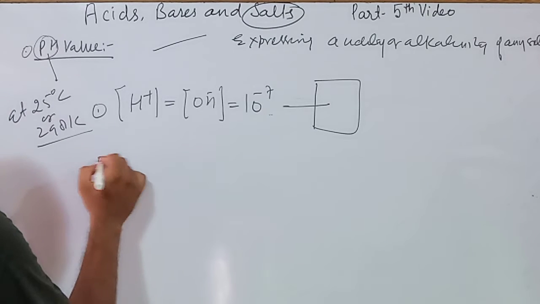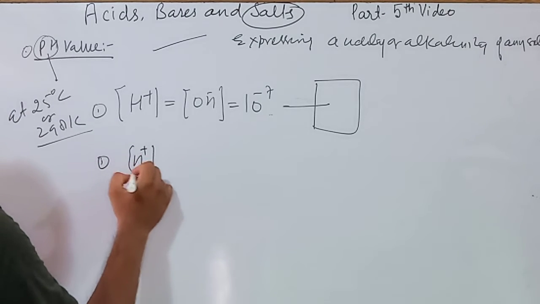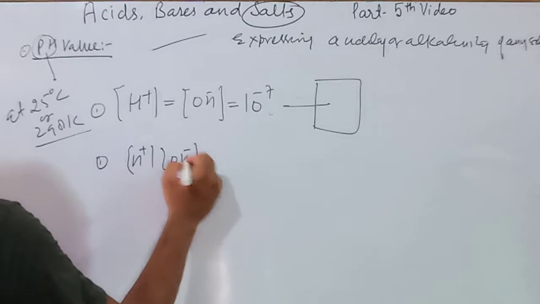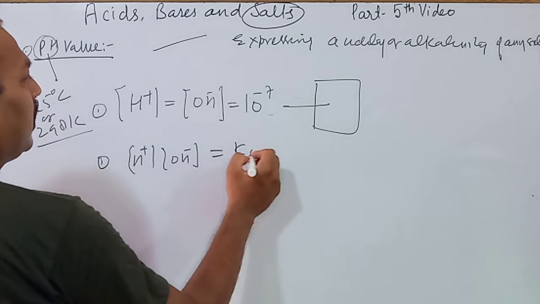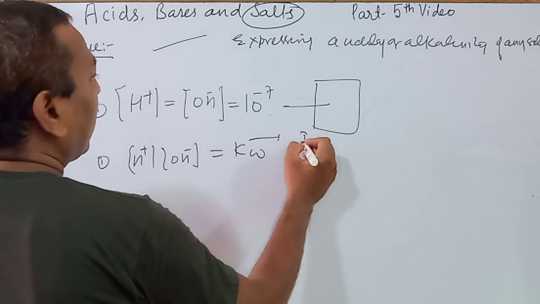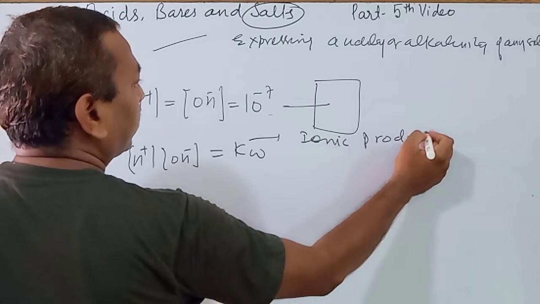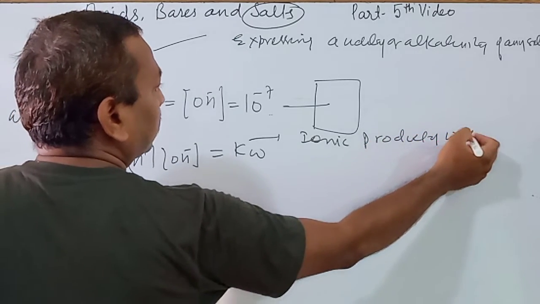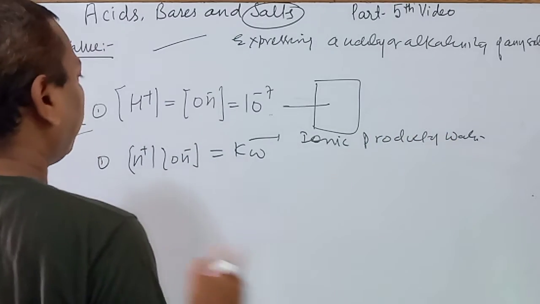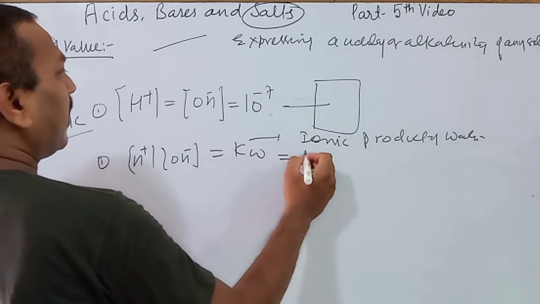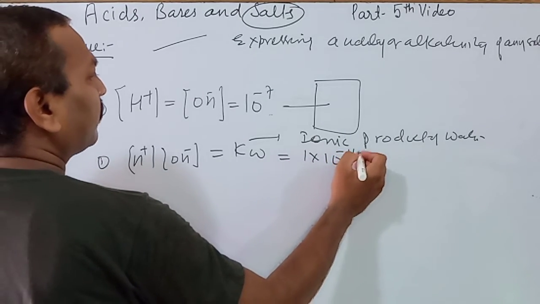And another case: the product of hydrogen ion and OH ion concentrations is equal to Kw. Kw is the ionic product of water, so at the same temperature its mathematical value is 1 into 10 to the power minus 14.